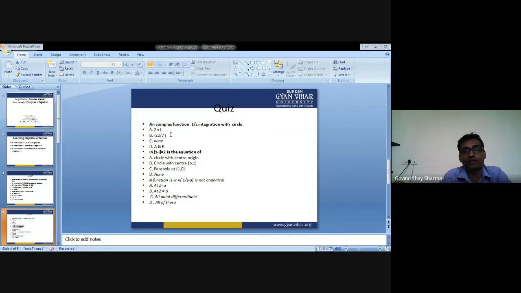|z − i| = 2 is the equation of which curve?